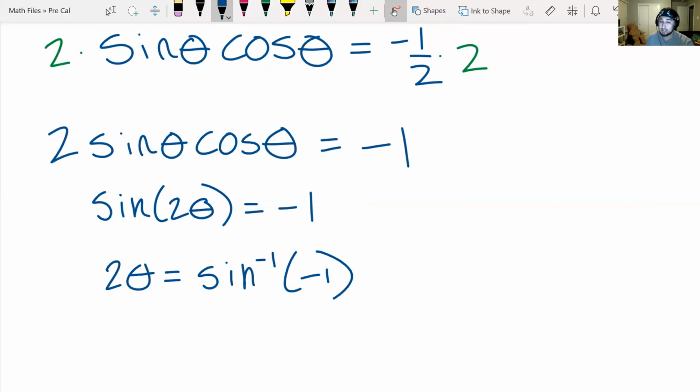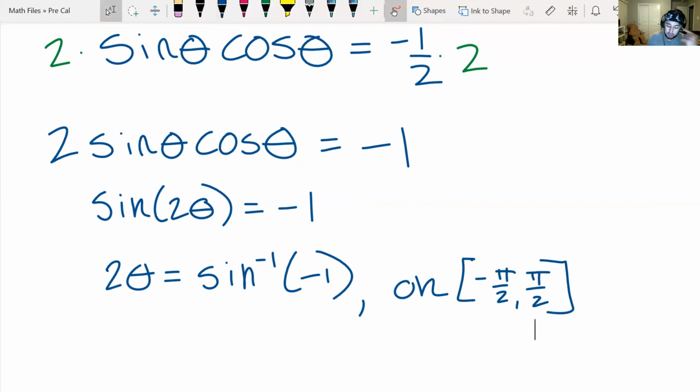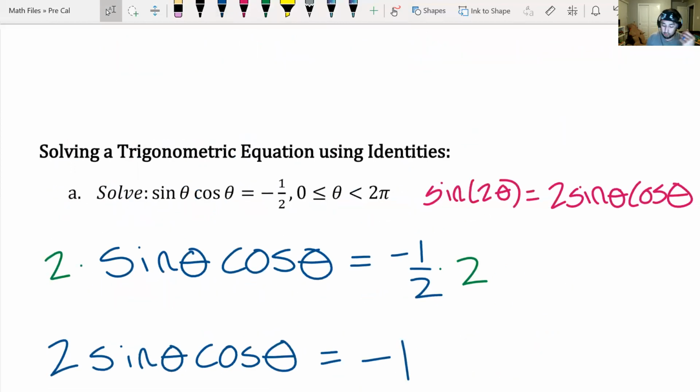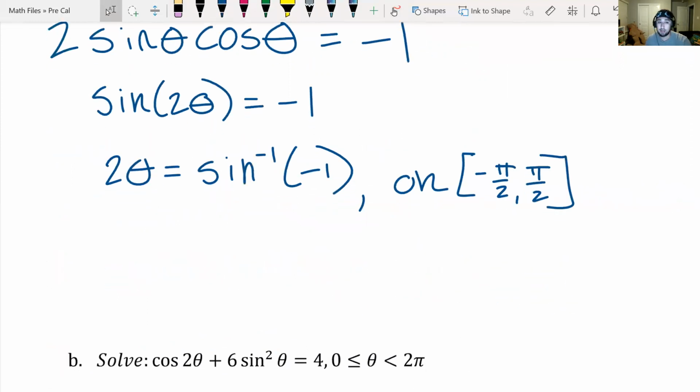But remember, this inverse restriction can only happen on -pi/2 to pi/2. And the restriction we're given above is we must stay on the actual unit circle, 0 to 2 pi. So if you can make that connection, you're fine. If you can't, then we can't use the inverse. And just like I said, I'll elaborate on it.